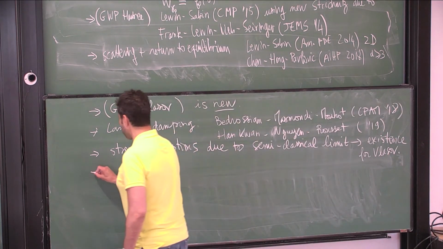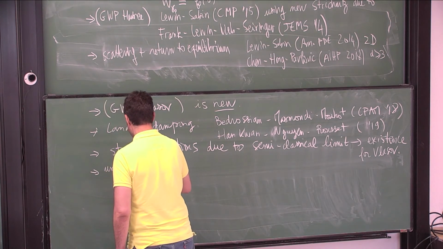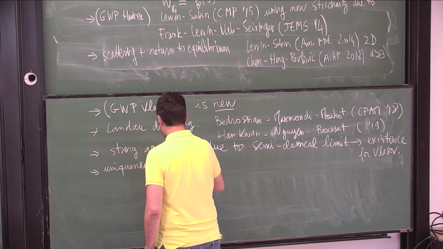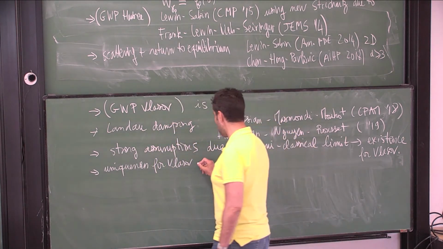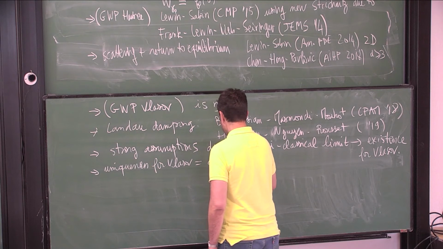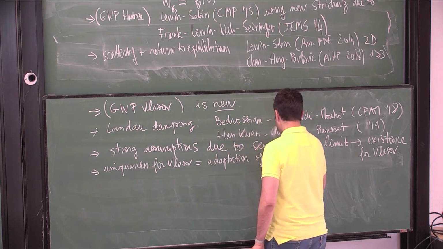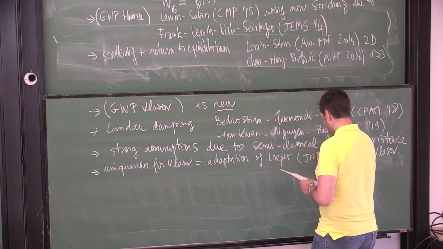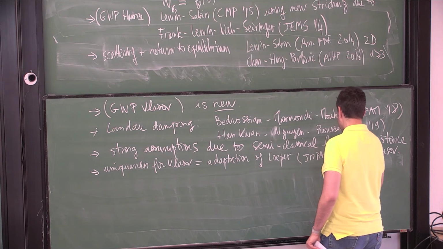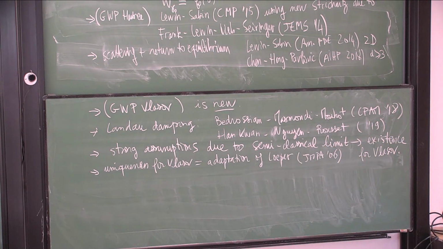The uniqueness for Vlasov we adapted to the case of positive density. So it's an adaptation of the work of Grégoire Loeper in 2006, where he was using some kind of optimal transport method.